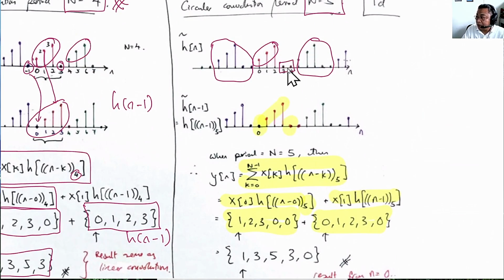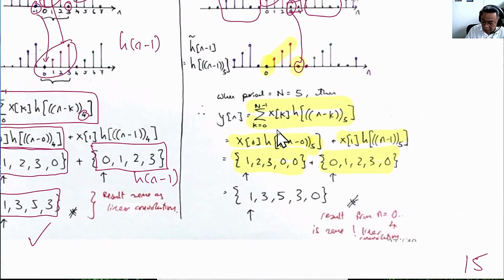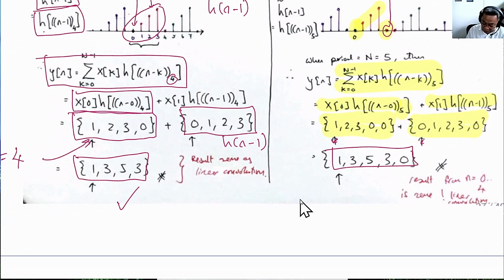Where did this 1 sample come from? It was because we padded 2 samples, but now we shifted 1 out. So there's this 1 sample at index 3 now here. Okay. So anyway, we have these 2 sequences, and again we add them up, and we get 1, 3, 5, 3, which is the correct sequence. The extra 0 doesn't change anything, and we are happy again.